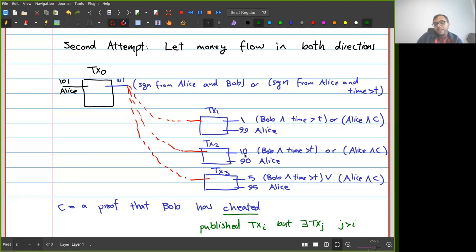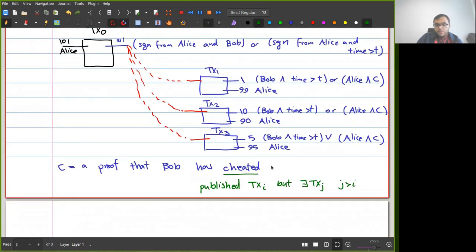So Bob can claim these 10 units if the time T has passed, and I, as Alice, have not proven that he has cheated, right? But this part doesn't have a condition. This one goes directly to Alice. But of course, it's Bob who decides which one of these transactions to publish.